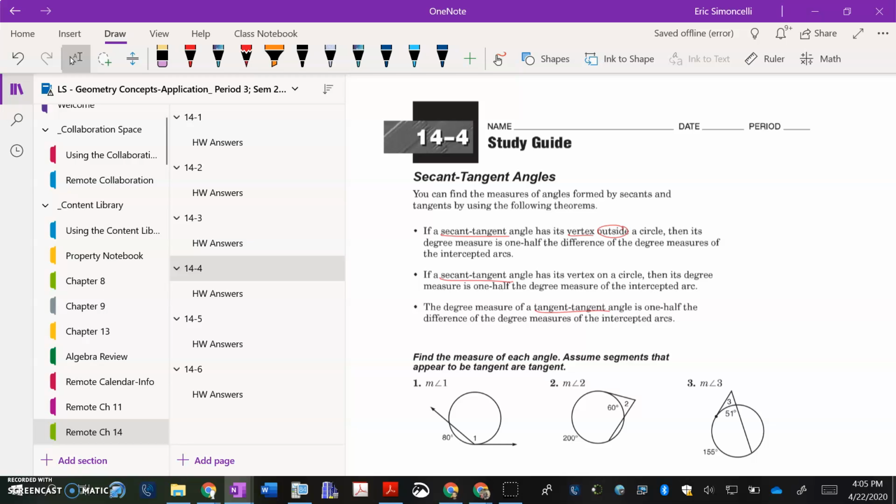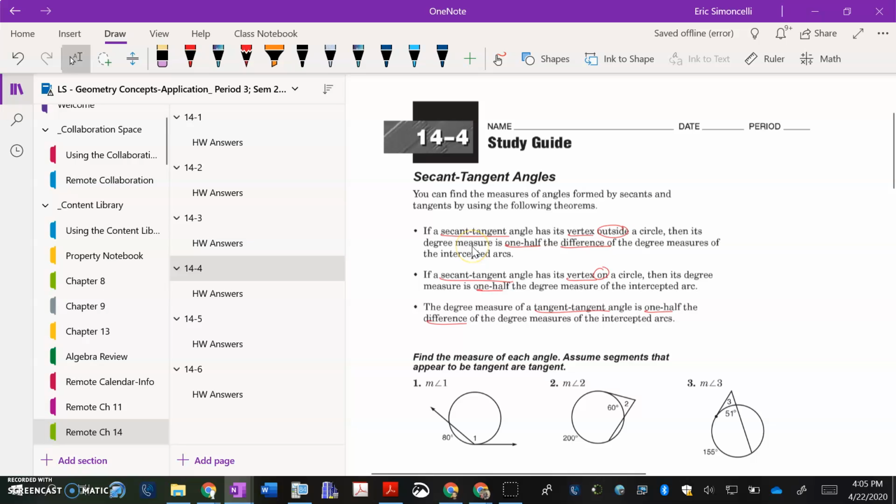We're again looking at 1/2 the difference of the degree measures of the intercepted arcs. The second, vertex on the circle, just simply 1/2 the degree measure of the intercepted arc. And then third, tangent again, 1/2 of the difference of the degree measures of the intercepted arcs.